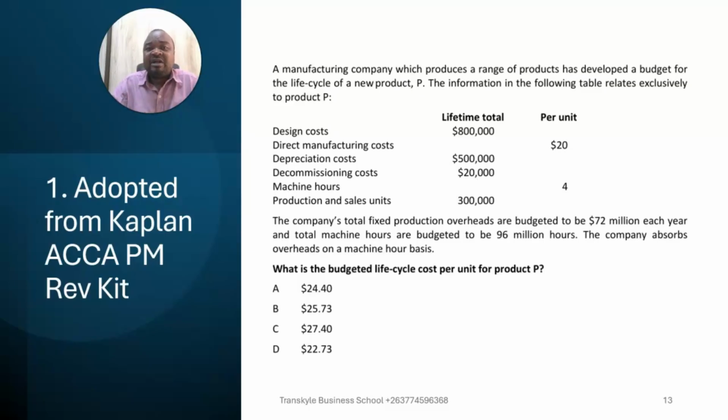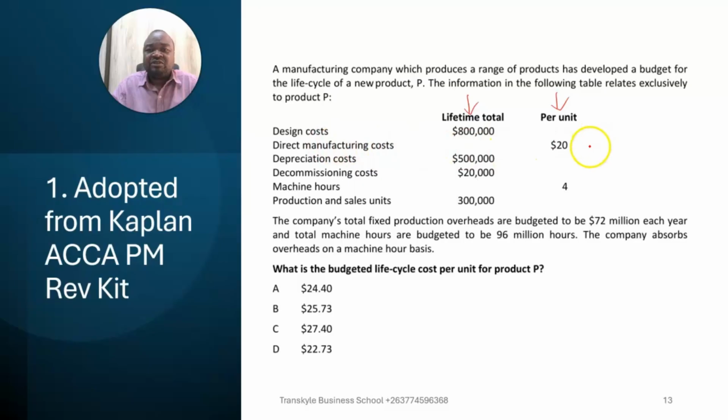So a manufacturing company which produces a range of products has developed a budget for the life cycle of a new product P. The information in the following table relates exclusively to product P. So we have got the lifetime total and the cost per unit. Design costs, we are given a total.